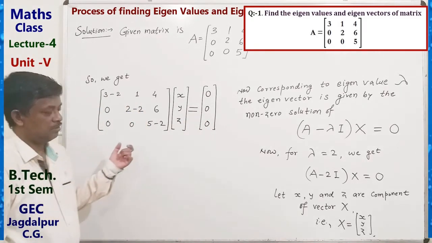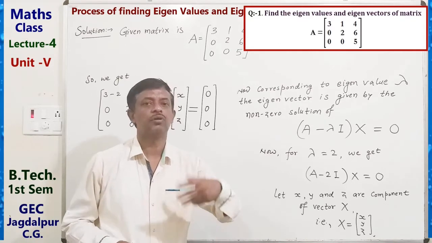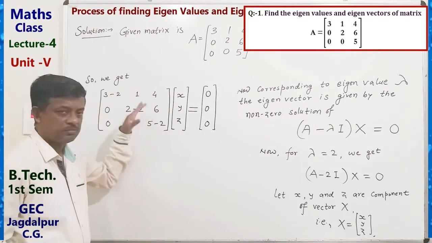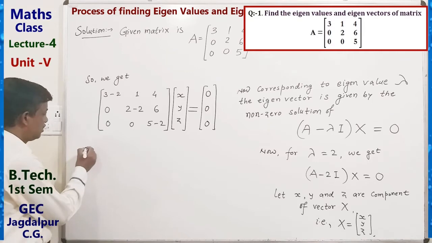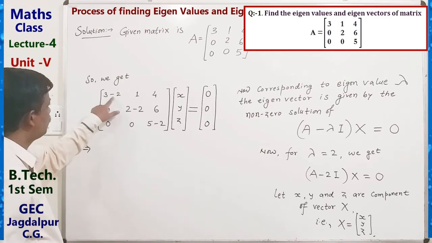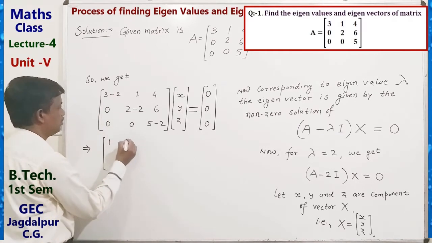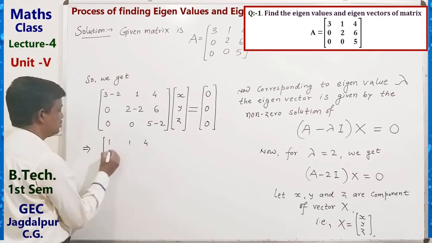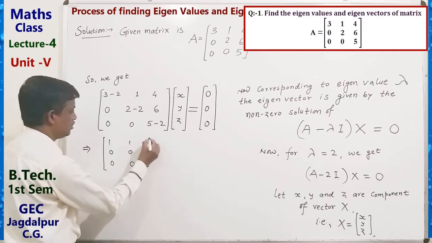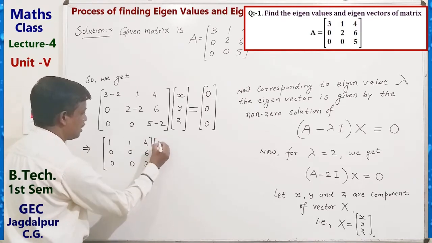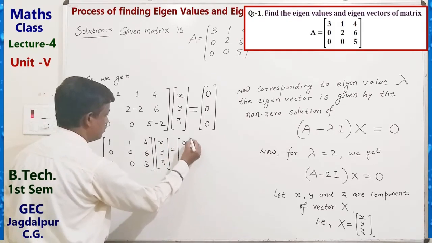Simplifying, the system is 1 1 4, 0 0 6, 0 0 3 times x y z equals 0 0 0.